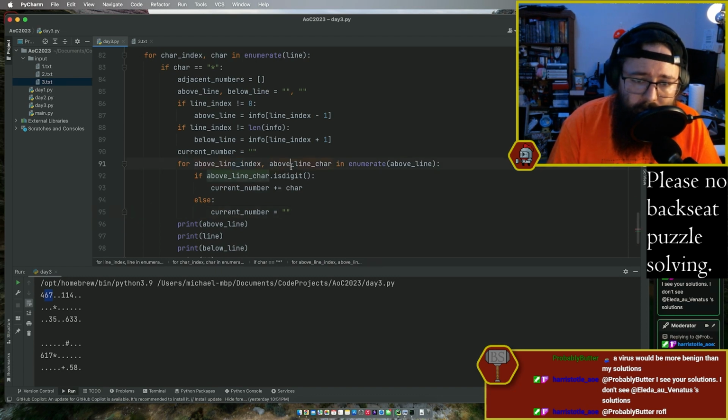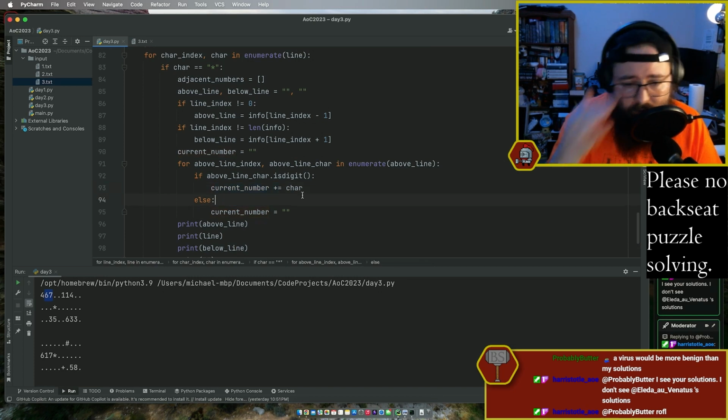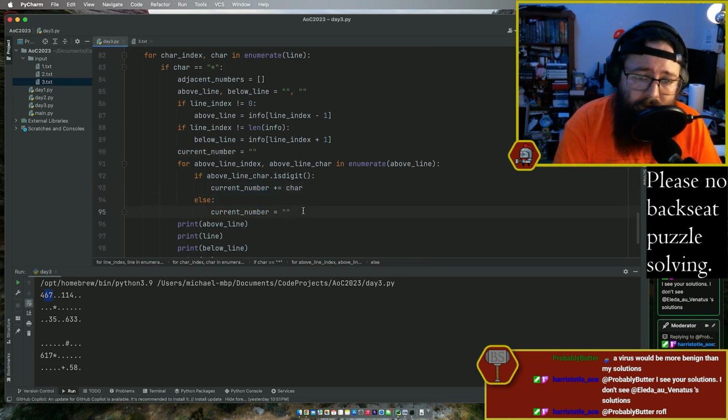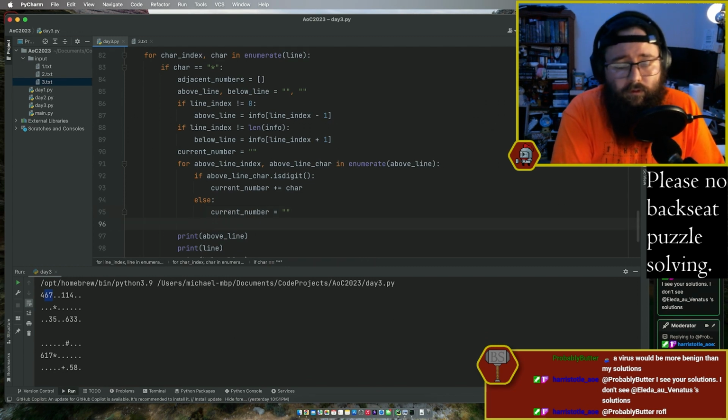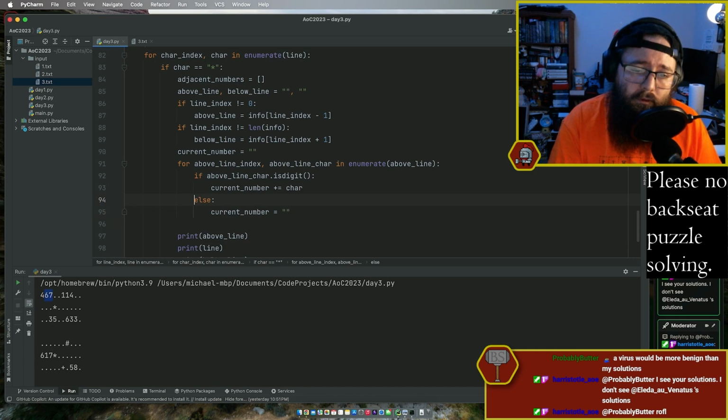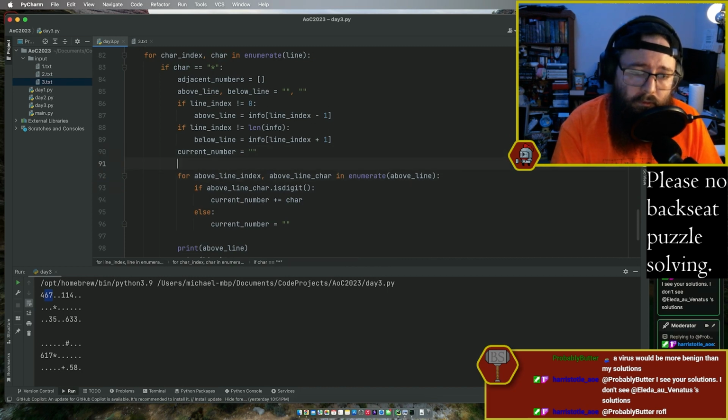So march down the line. If it's a digit, then add it to the current number, else do that.